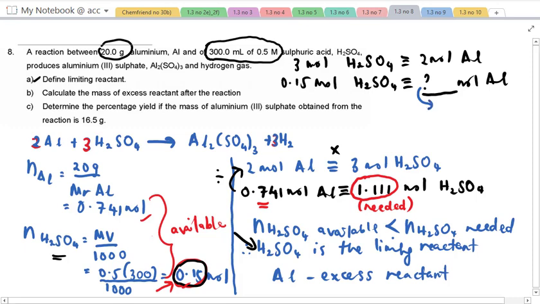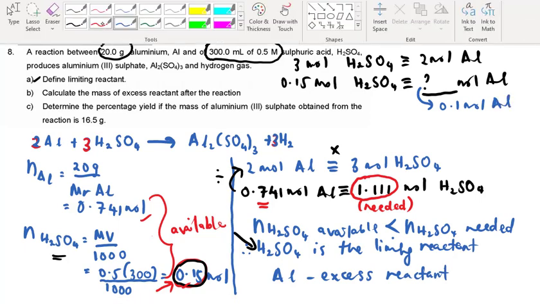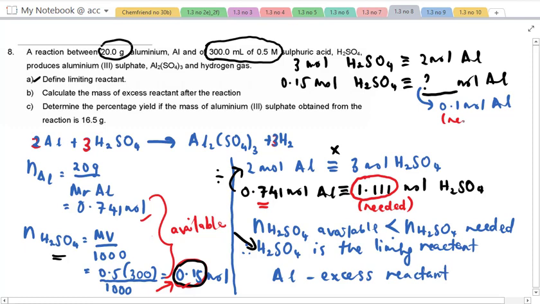Here the answer is 0.1 mole of aluminium needed. It only needs this much because it has run out. It only has 0.15. So it needs 0.1 mole.